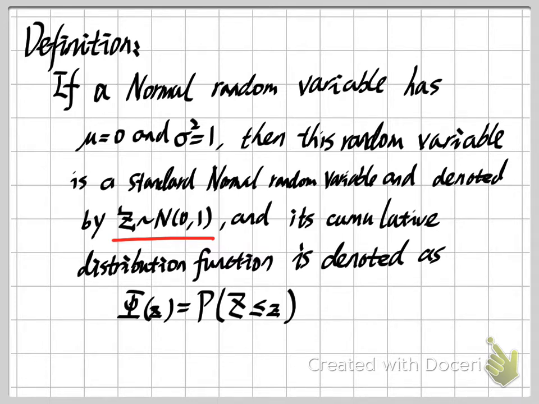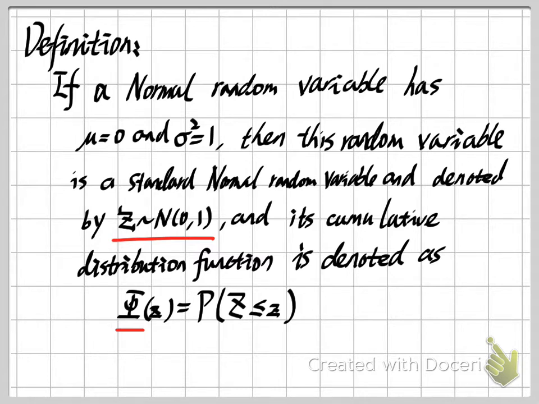And for the cumulative distribution function of a standard normal random variable, we use a Greek letter, capital phi, to denote the value of this CDF, cumulative distribution function, at value small z.